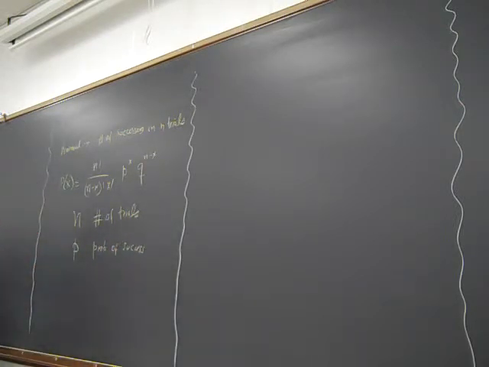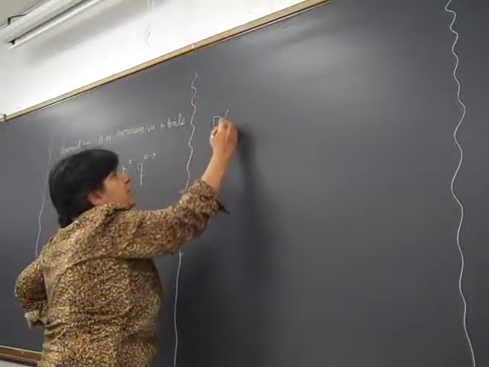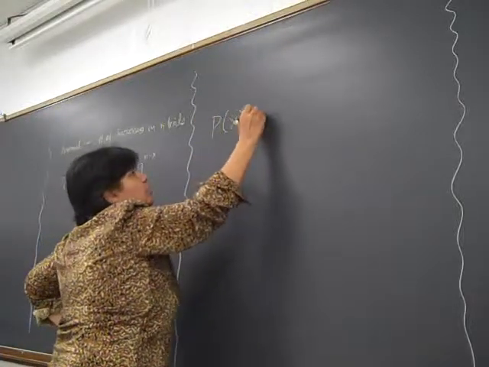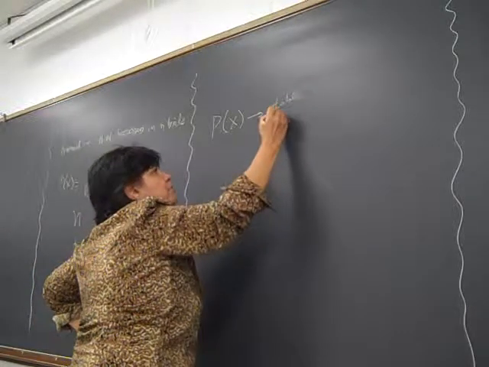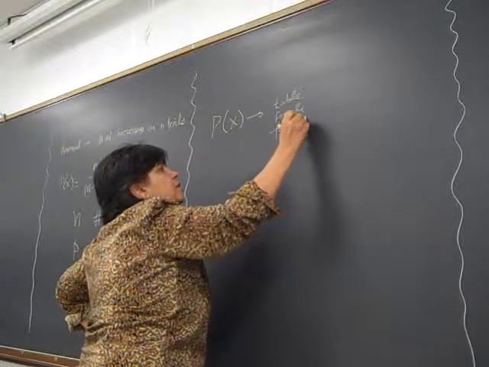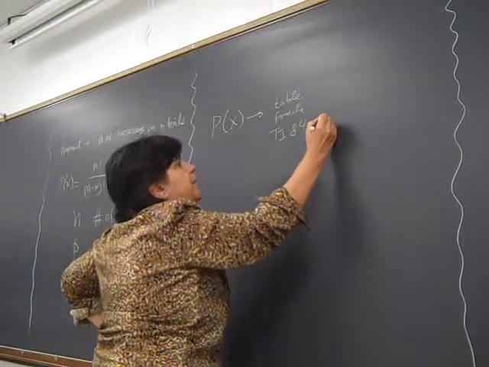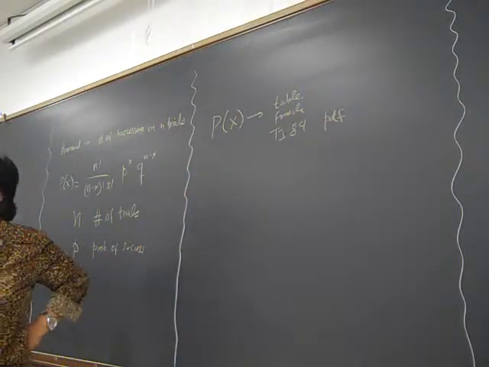Okay? Now, in order to get probabilities, either we use the formula, or we use the tables, or we use the TI-84. So, when I want to know the probability of x, go directly to the table or the formula or the TI-84, using the binomial probability distribution function.